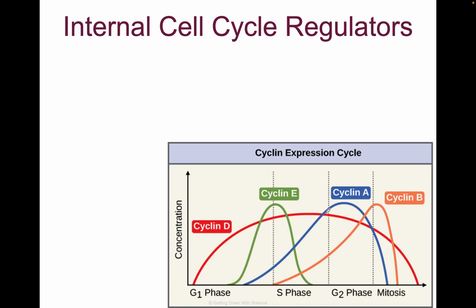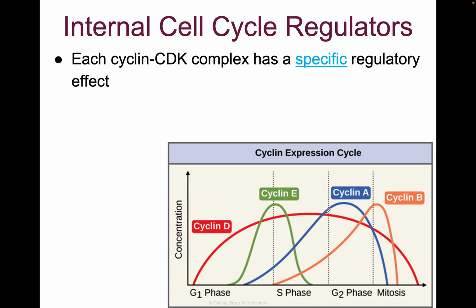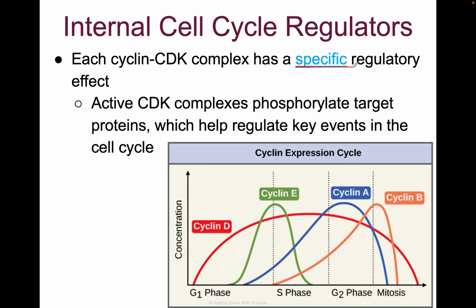Okay, so look at this. This is the cyclin expression cycle. Each cyclin-CDK complex has a specific regulatory effect. Active CDK complexes phosphorylate target proteins, which help regulate key events. So check this out. We have concentration on the y-axis and different phases on the x-axis over here. You'll notice that cyclin D is pretty much active through the whole thing.